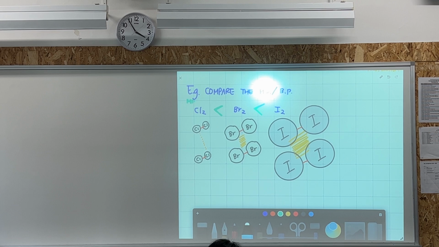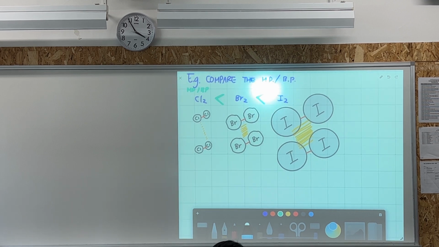In terms of melting or boiling point, chlorine is lower than that of bromine, and bromine is lower than that of iodine. So can you write down the logic here? Okay, the explanation. Number one, from chlorine to iodine, the size of molecule increases. And what happens when you increase the size of molecule? What happens to the van der Waals force strength?